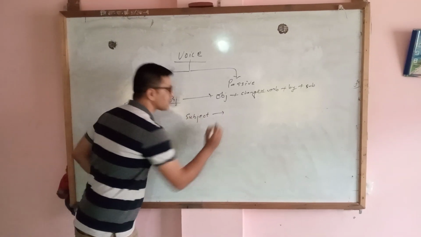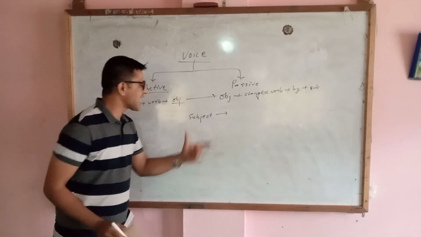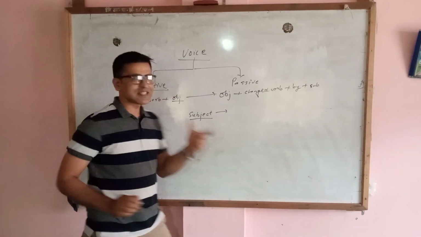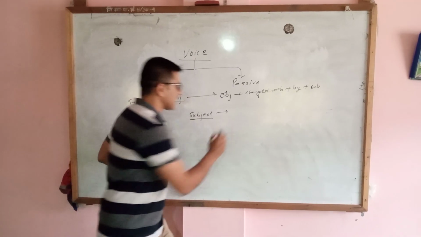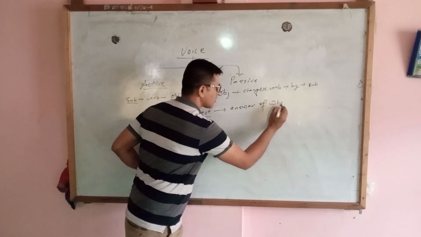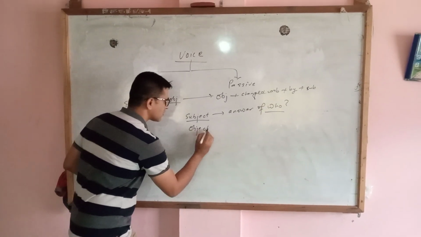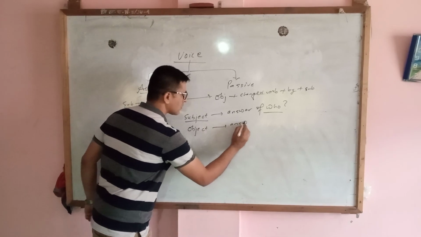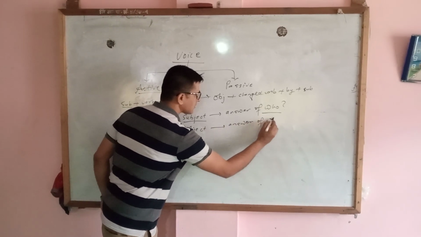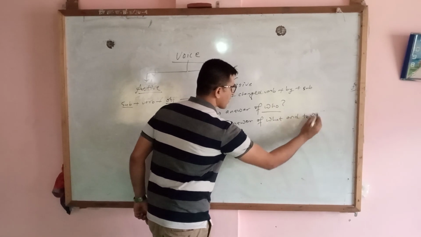Subject means the doer of the action. Doer of the action means the person who does the action in transitive verbs. So the answer of who is the subject. Object is the answer of what and to whom.